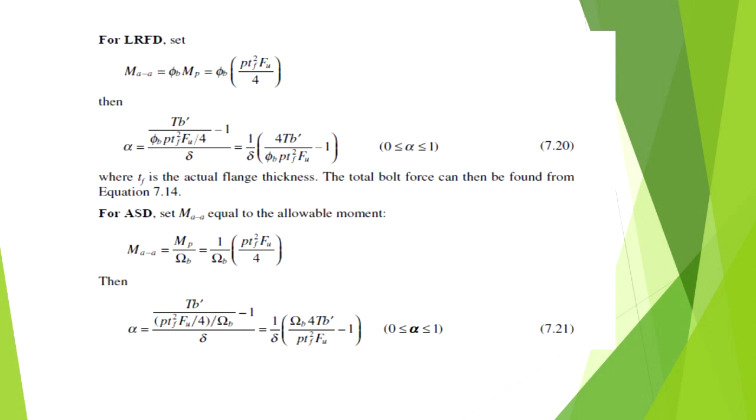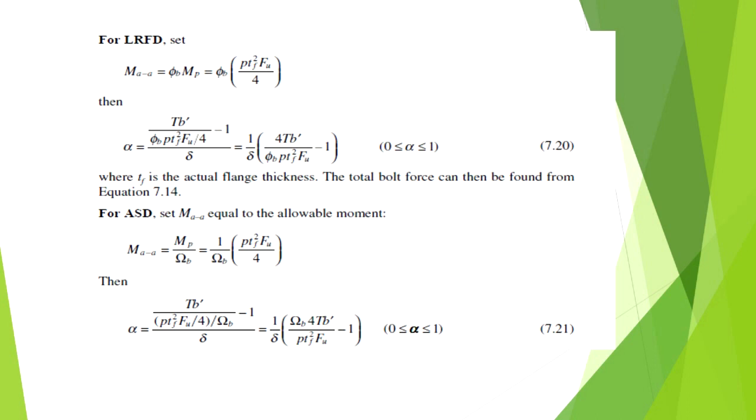For LRFD, set M sub A to A equal to phi sub b times p times t f squared F u over 4. Then alpha is equal to 1 over elongation times 4 T B prime divided by phi times p times t f squared F u minus 1, where alpha is greater than or equal to 0 but less than or equal to 1.